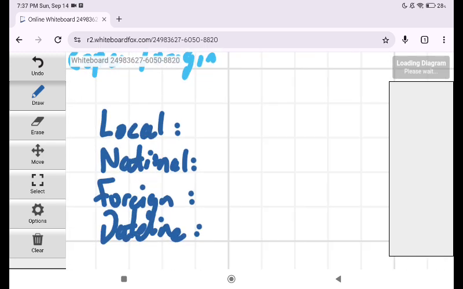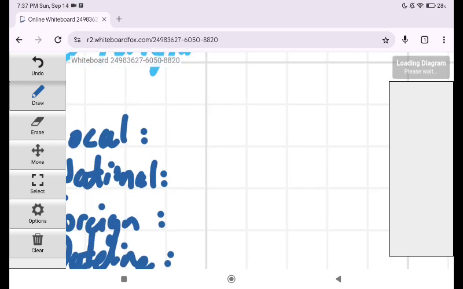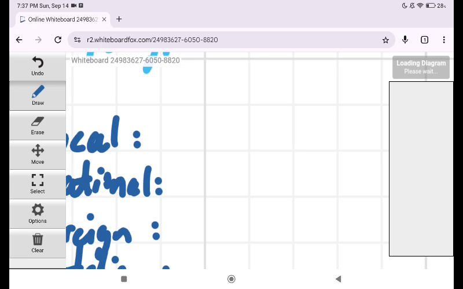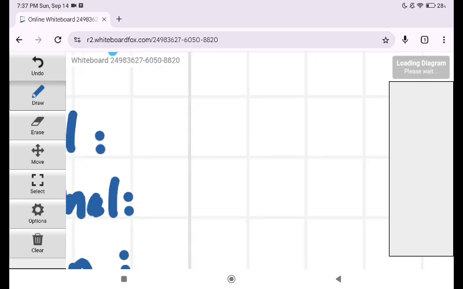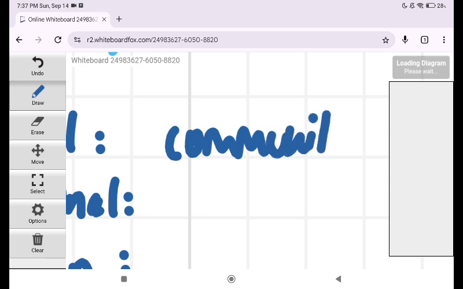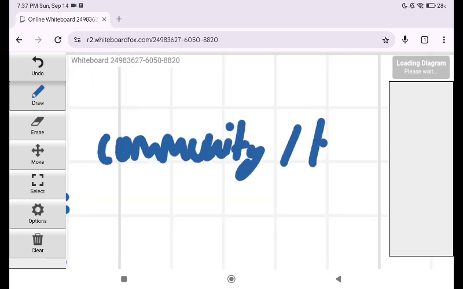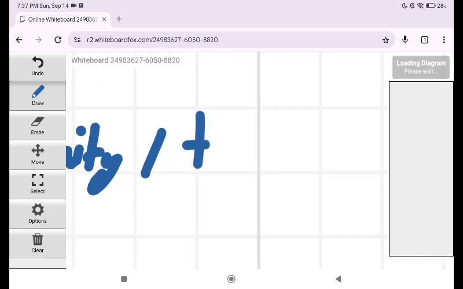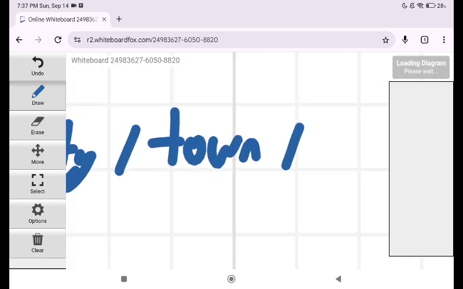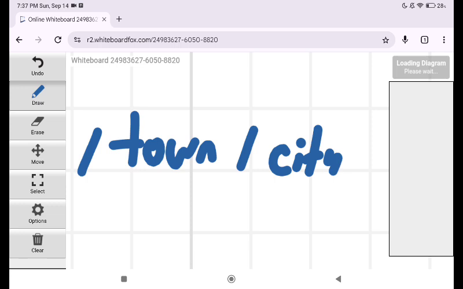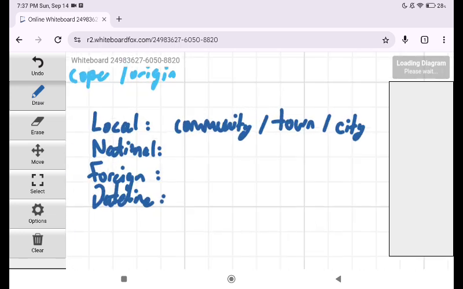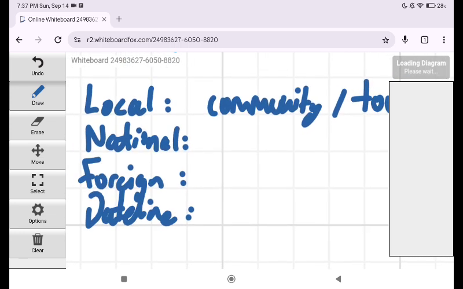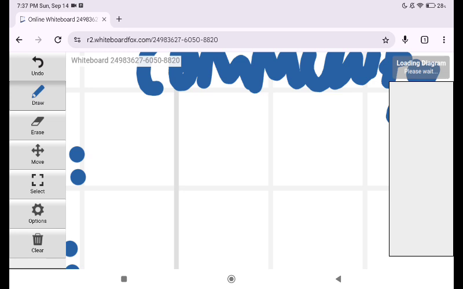So the local news is what takes place in a community, town, or city. So basically like a local area. The national is what takes place inside of the country.